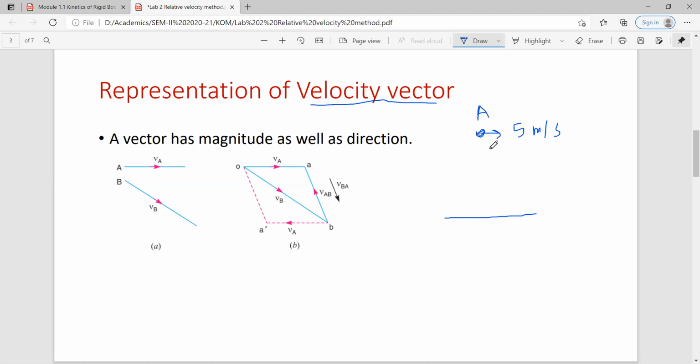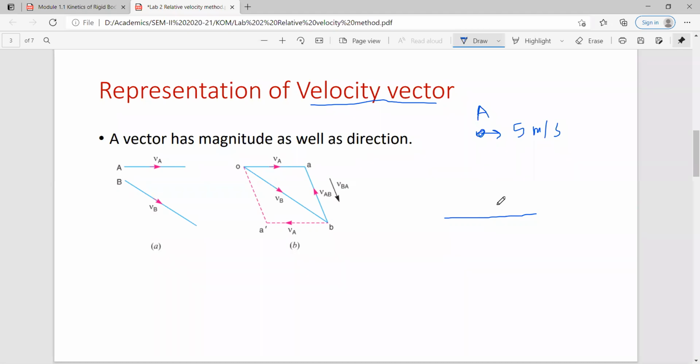Again, in order to be more specific, what is the direction of the arrow of point A, whether it is moving in the right direction or left direction? Right direction.